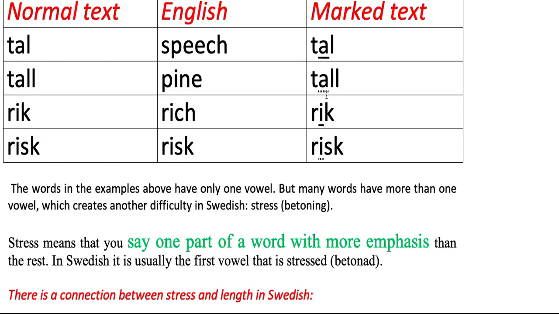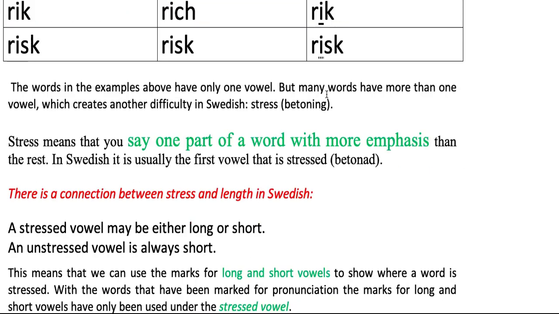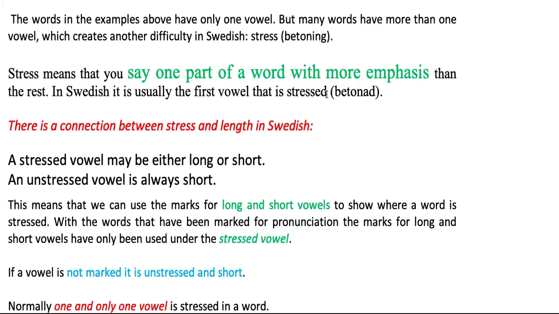But if you have more than one vowel in a word, and we stress only one vowel, that stressed vowel can be long or short. The other vowels are unstressed and will be considered short vowels, meaning their sounds will be short.